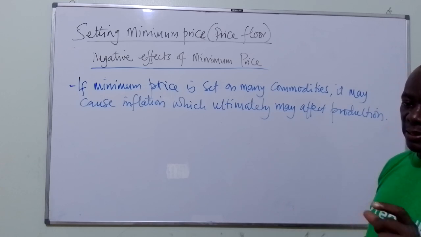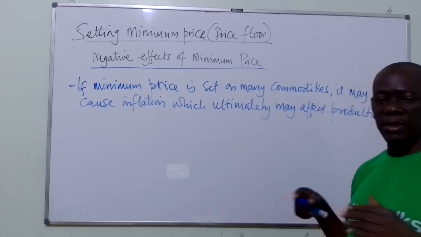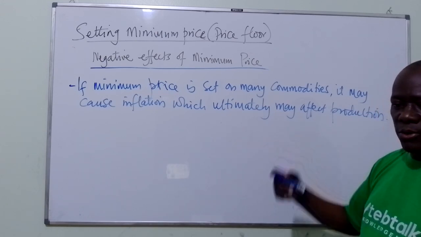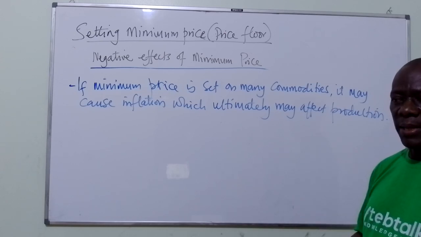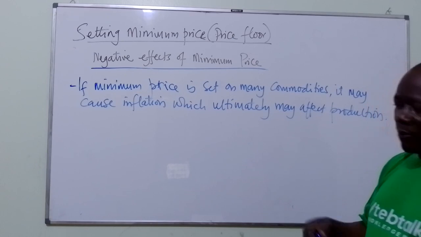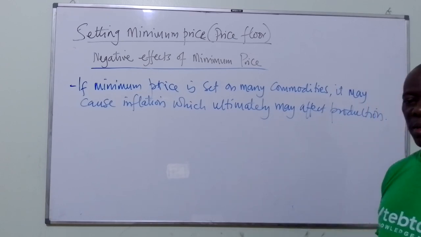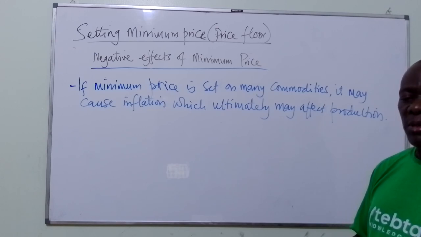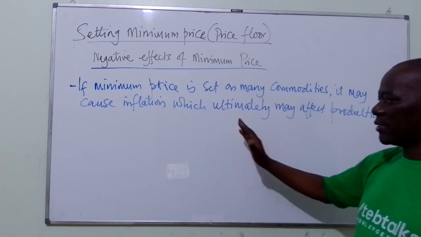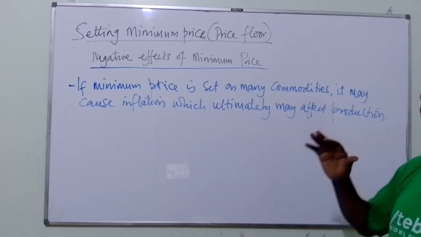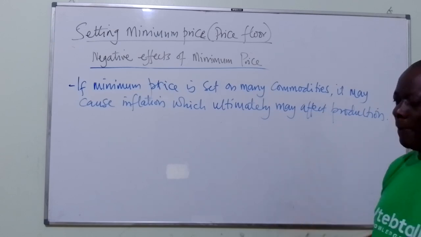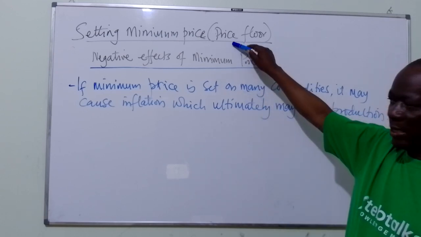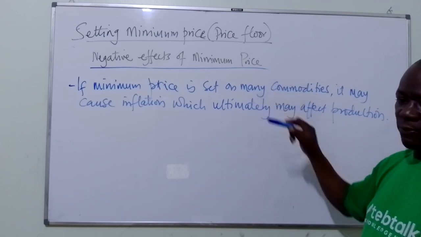That means there is a part that is controlled by the state. When the state realizes that the private individuals are using the forces of demand and supply, and there is some exploitation of either the producer or the consumer, government comes in to intervene. You look at it when you're looking at the price mechanism. Government says, no, let us not allow free enterprise, free economy. Let us intervene by setting a minimum price for producers and a maximum price for consumers.